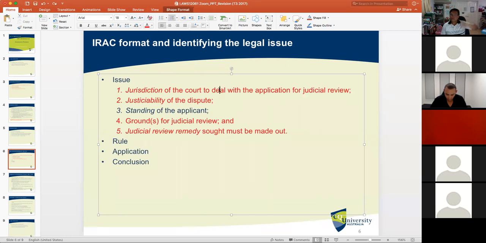So are we not going through all those elements because there's going to be multiple issues and we're not going to have time to explain every element? Let's just say that there are some which we can quickly discuss, like the question about jurisdiction of the court. And that's easy, right? If it's under enactment, bang, you've covered it. Justiciability, easy, because you simply ask whether or not certain rights or duties or obligations have been impaired.